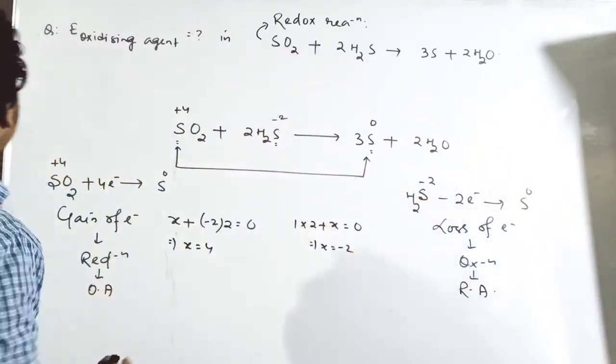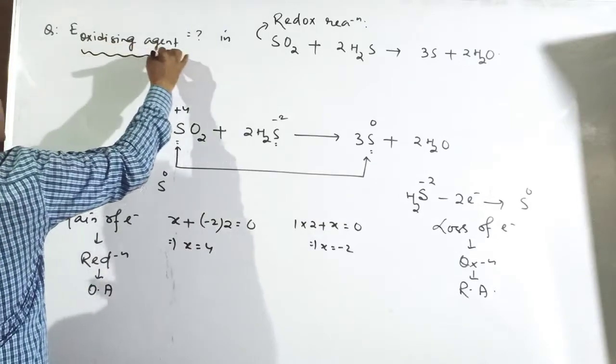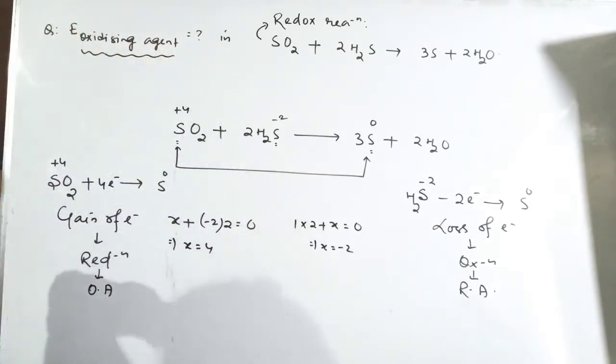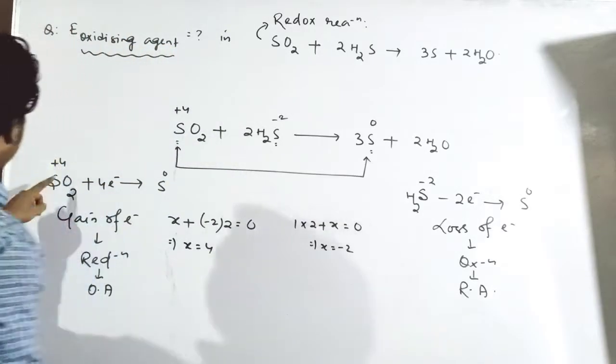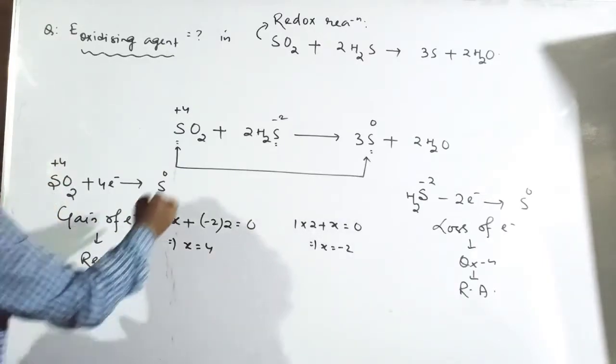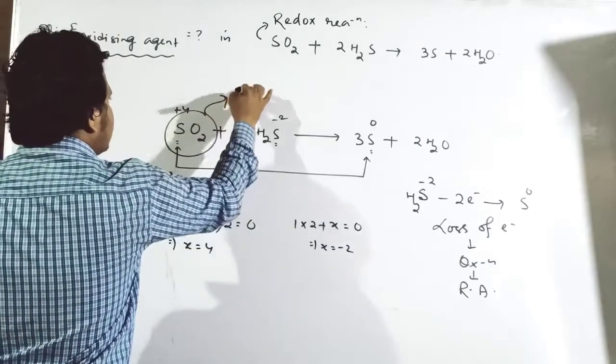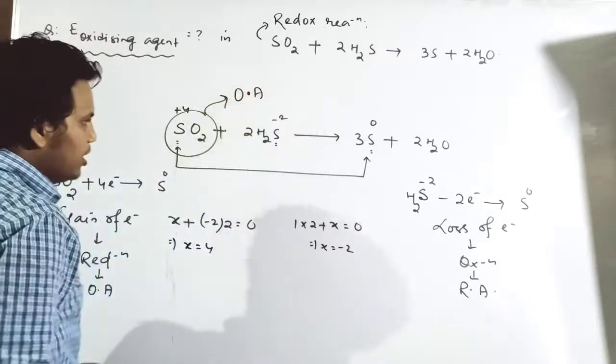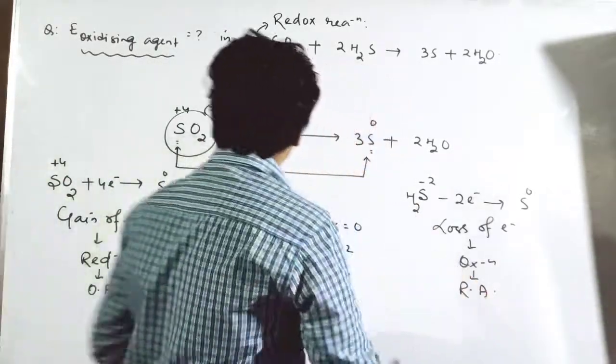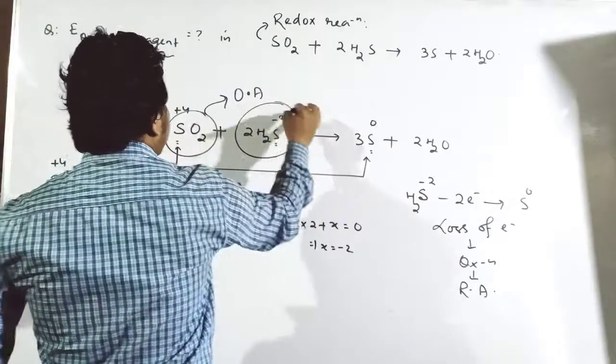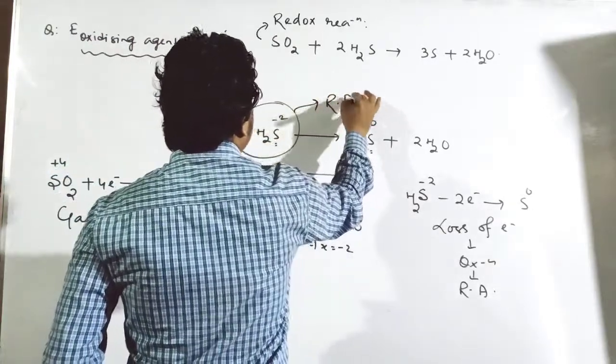So SO2 is the oxidizing agent, and H2S is the reducing agent.